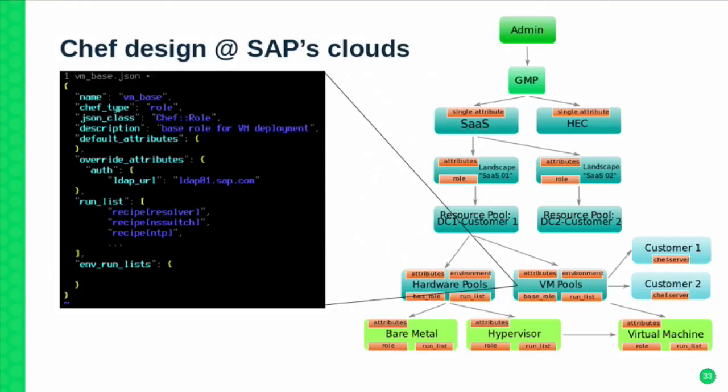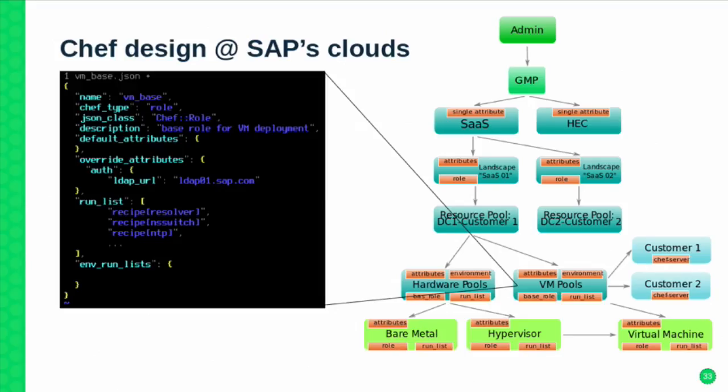First of all, we can override attributes that we set one level above in the landscape. So if a customer has a custom LDAP server, we can override it here. And we have the run list that we mentioned, and here's the actual doing defined: that we run this recipe, this recipe, this recipe, and of course 20 other recipes.